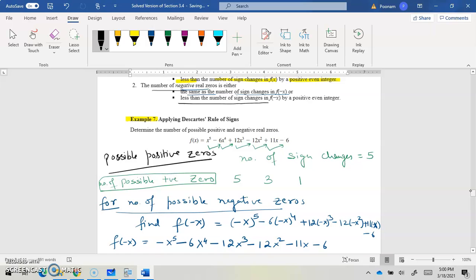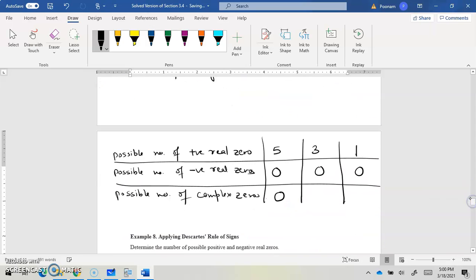Because the degree of f of x is what? 5. So total zeros should be 5. If we have 3 positive real zeros and none of them is negative real zero, so 2 of them should be complex. If one of the zeros is positive real zero and we have no negative real zero, so the complex zeros would be 4. Complex zeros always occur in pairs, right? Because the conjugate is also a zero. So this is the all possible table.